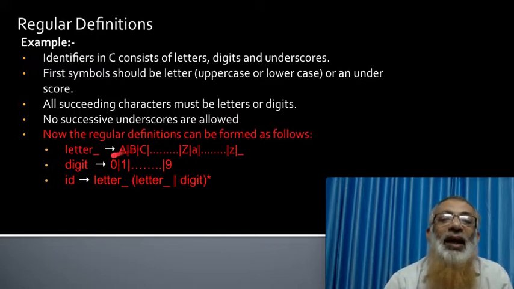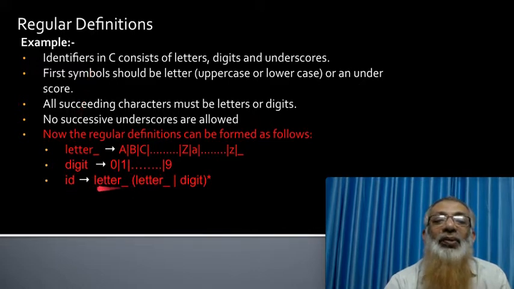You can see that here we have three regular definitions that correspond to this identifier. Here we can see that the third one actually represents a full identifier, and all these other forms are created using the other portions.